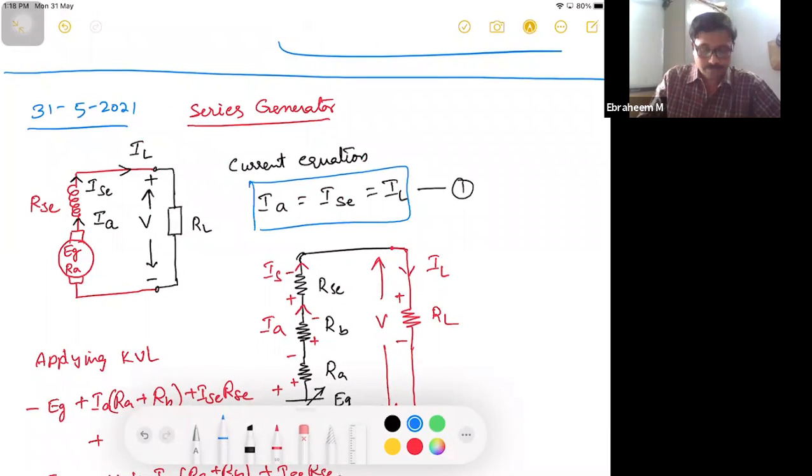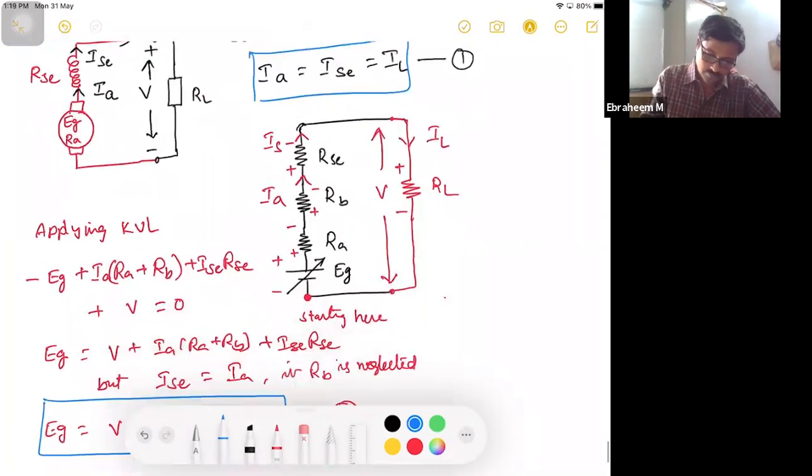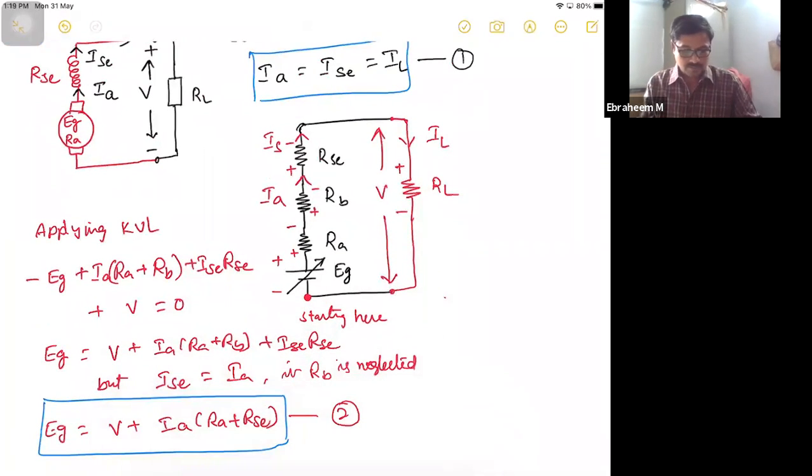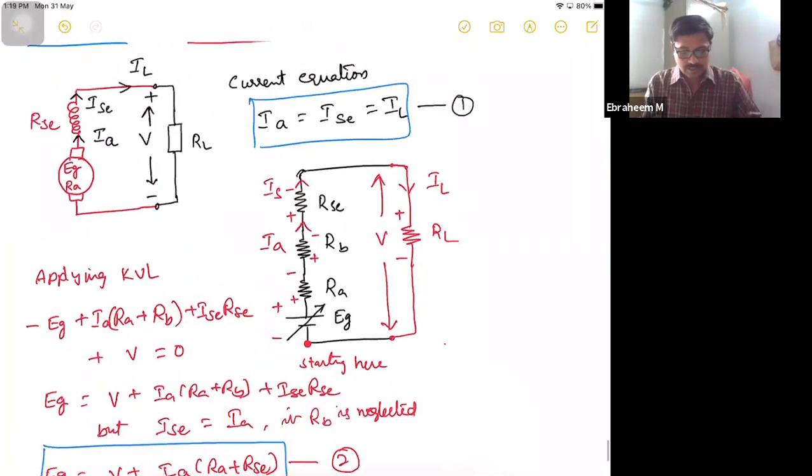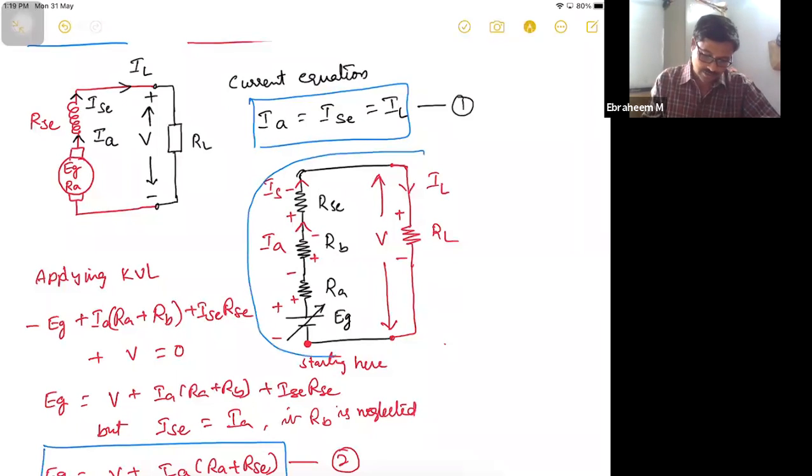So here we have seen the simplified circuit. I am repeating once again: you should not use this circuit in examinations.